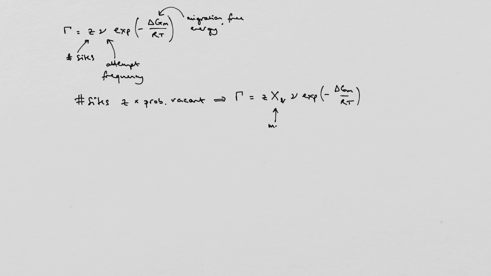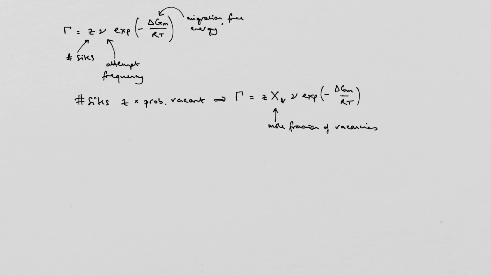Okay, so this is the mole fraction of vacancies, which is just equivalent to the probability that a given individual site is empty. At equilibrium, the concentration of vacancies is going to depend upon the energy to create a vacancy, that is the energy to break all of the bonds between the atom you're removing and its neighbours, and also the entropy change.